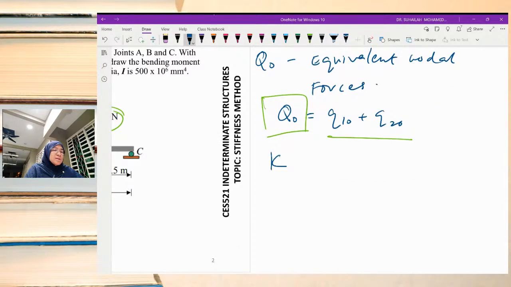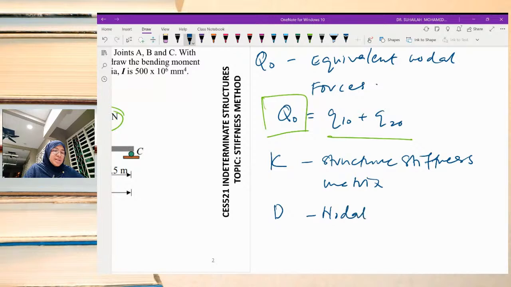And as usual, we have K, the structure stiffness matrix, and we have D. D is equal to nodal displacement. Nodal displacement means displacement that is located at nodes in y and z direction.